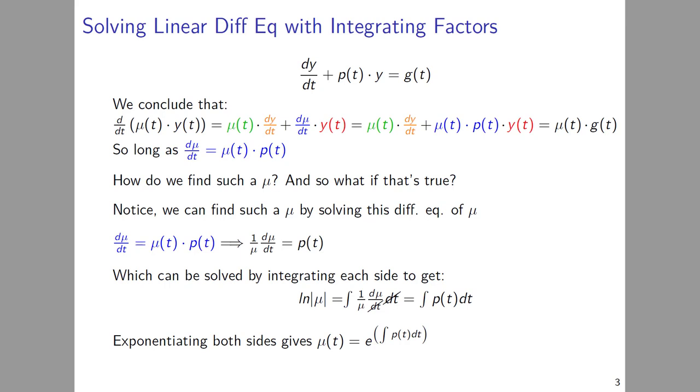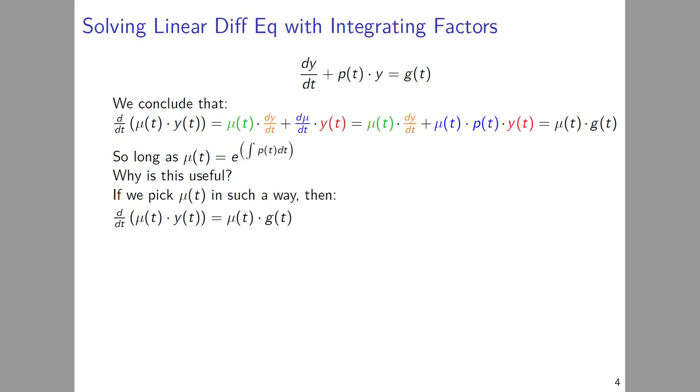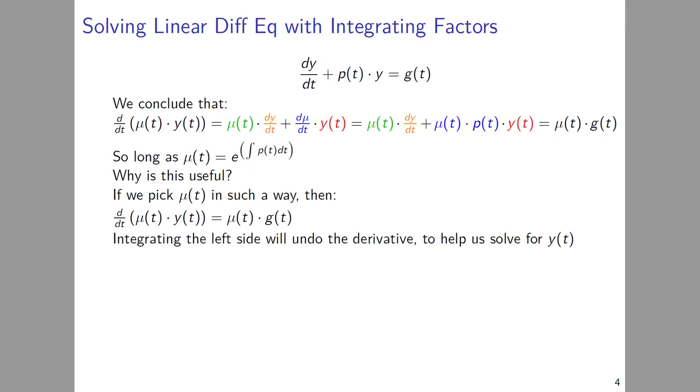But we still need to answer, why is this useful if it is true? To see why this is useful, notice that if we pick mu of t in such a way, then the derivative of mu times y is equal to mu times g of t. So integrating the left-hand side will undo the derivative to help us solve for y.